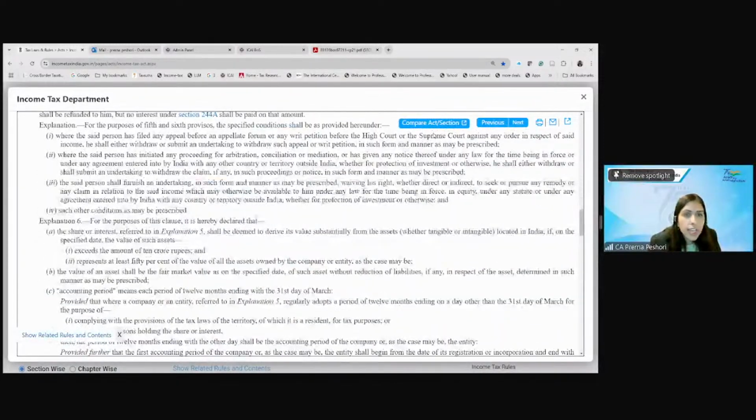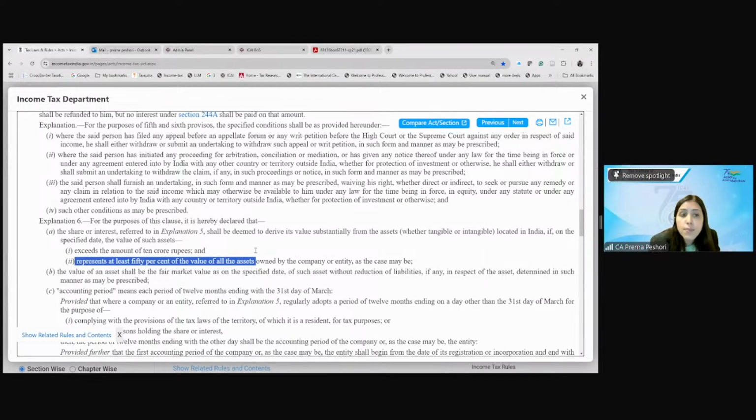If you see Explanation 6, for the purposes of this clause, it is hereby declared that the share or interest referred to in Explanation 5 shall be deemed to derive its value substantially from the assets, whether tangible or intangible, located in India, if on the specified date, the value of such assets exceeds the amount of 10 crore rupees, and this is an and condition, represents at least 50% of the value of all the assets owned by the company or the entity, as the case may be.